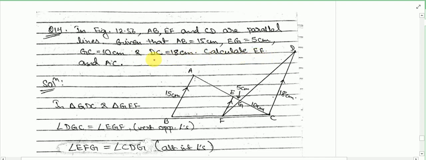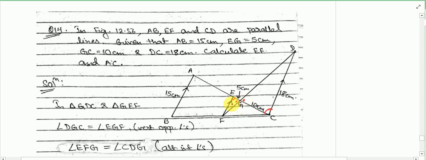Calculate EF and AC. So we have to calculate this EF and this AC. Firstly we will calculate EF. Here you can see that EF is parallel to CD, means this angle will be equal to this angle, interior alternate angles, and this one is going to be equal to this, vertically opposite angles.